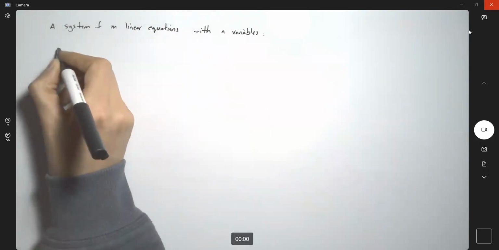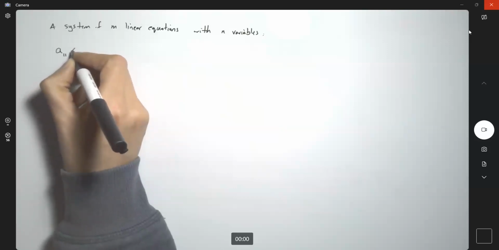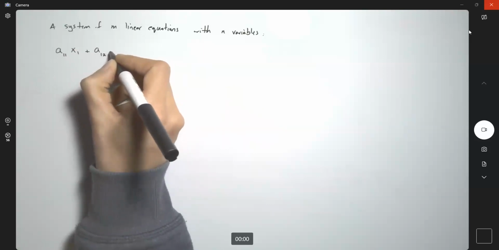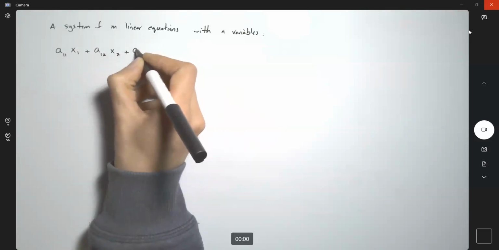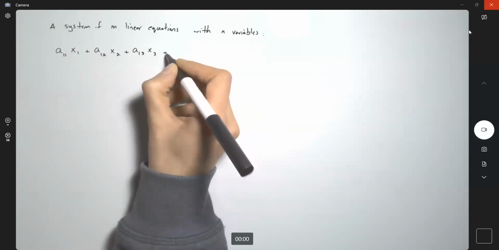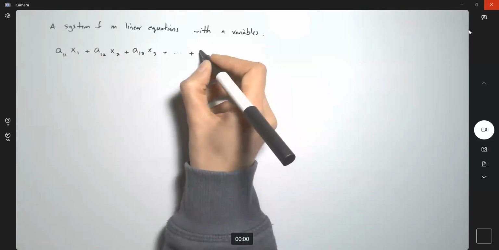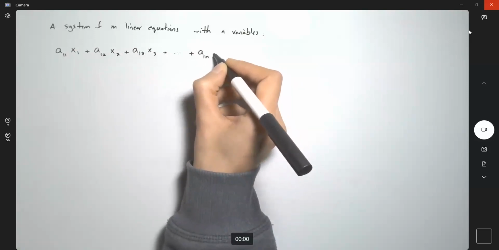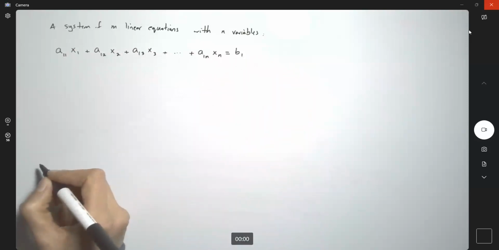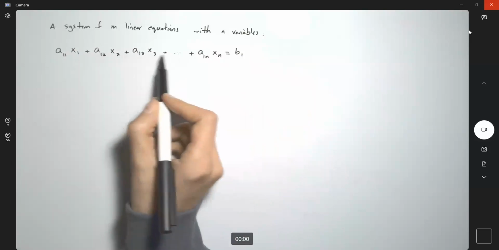It's denoted by a sub 1 1 x1 plus a sub 1 2 x sub 2 plus a sub 1 3 x sub 3 plus the rest of the middle terms, so linear combination, a sub 1n xn equals b sub 1. This is your very first equation in n variables.